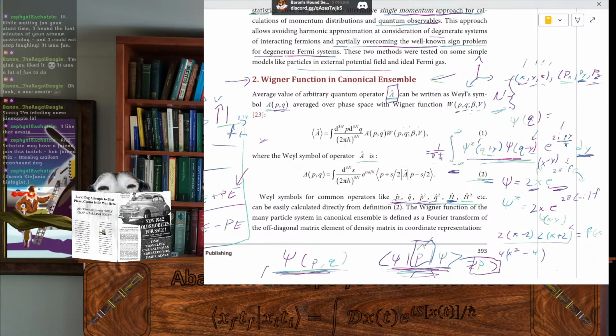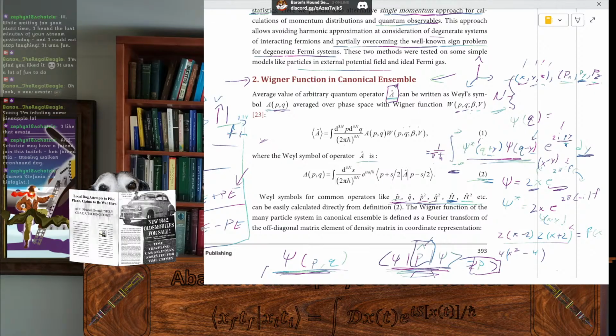Operators typically have a little caret hat on top. So it can be written as Weyl's symbol A. So now we're going from an operator into this function, right? A of P, Q, where P is momentum and Q is location.